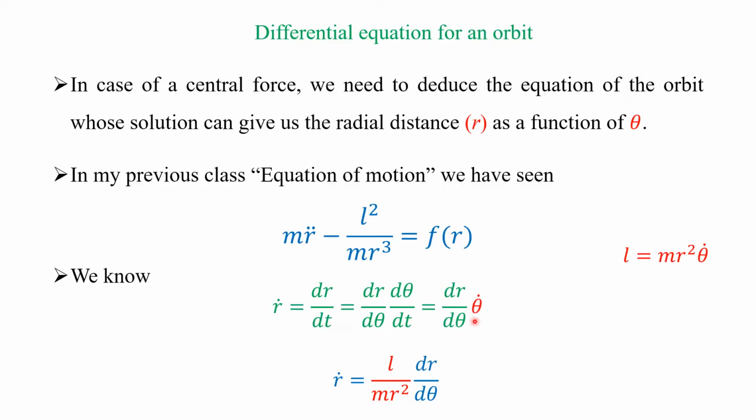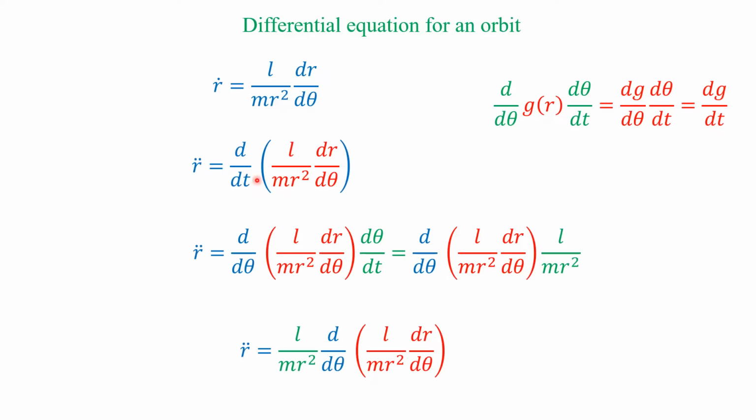I have shown it in the green font. So I am replacing theta dot with L over m r squared, multiplied into dr over d theta. This is r dot. We have seen r dot is equal to L over m r squared dr over d theta.